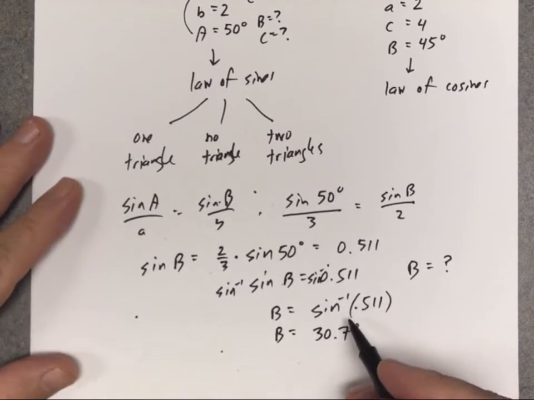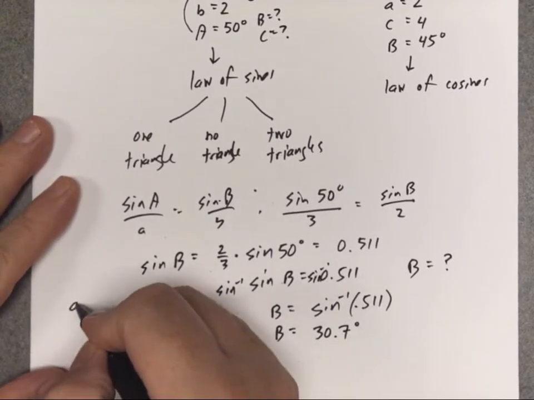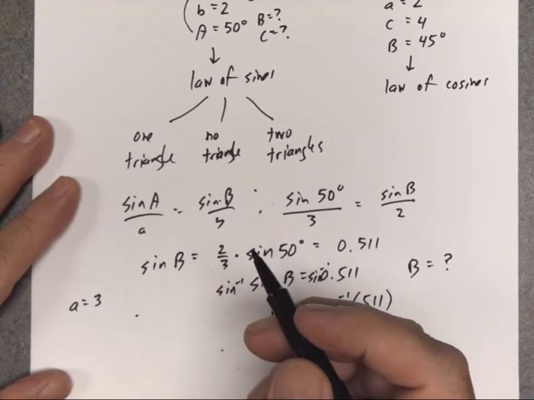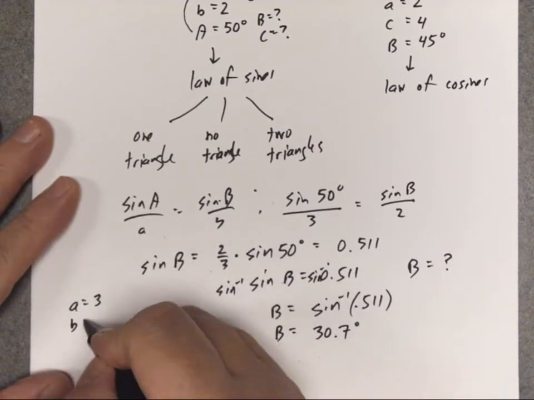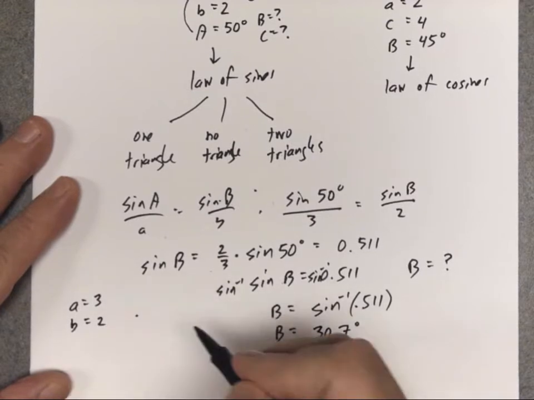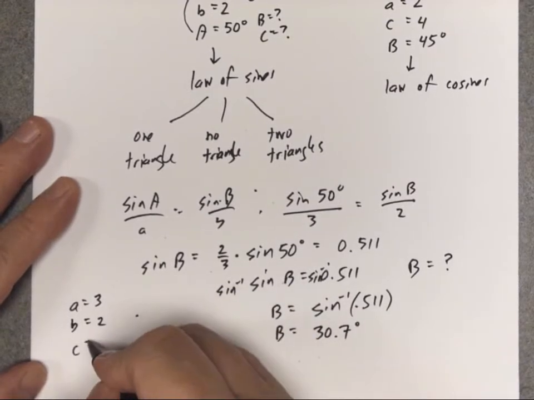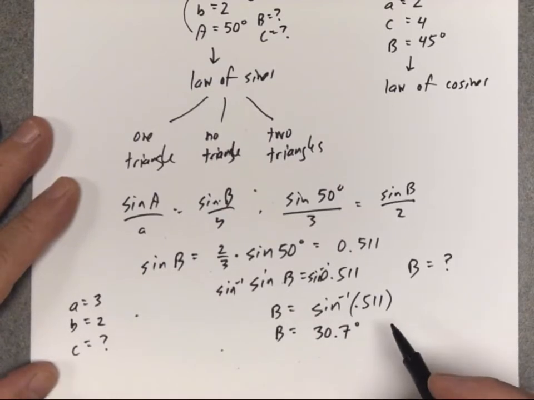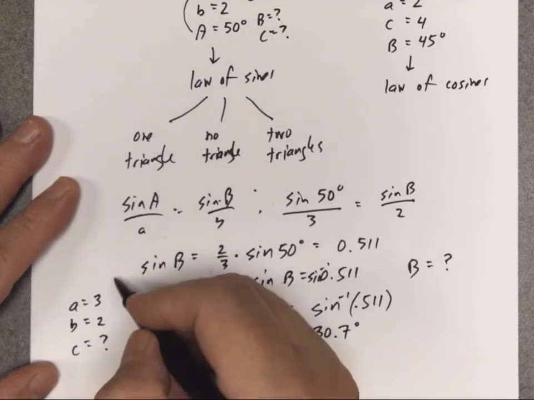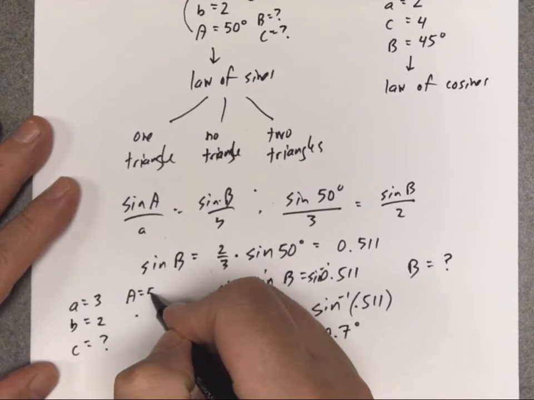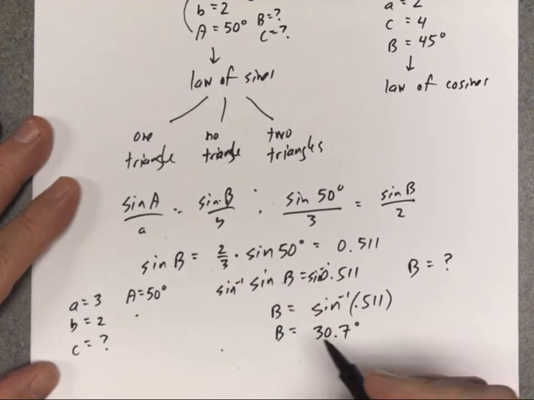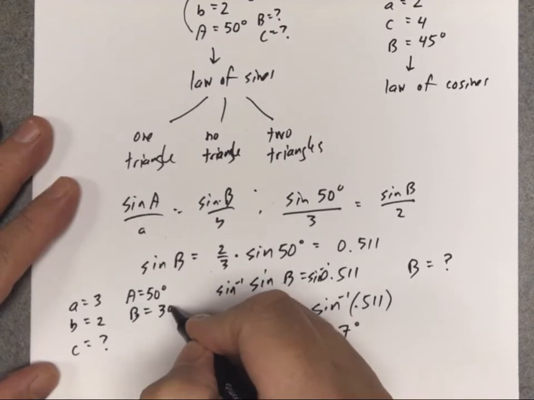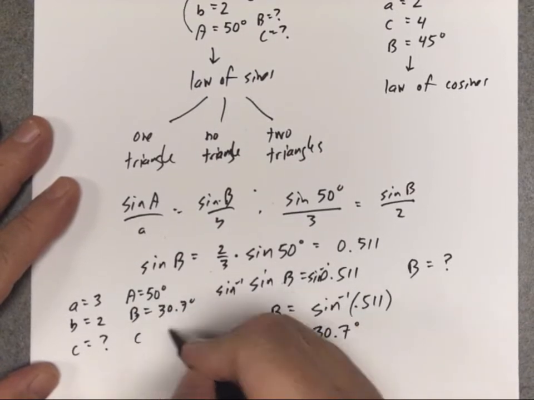This is sort of messy. Let's review what I know so far. I know side A was 3. Side B is 2. I don't know side C. Angle A, I was given. Angle B, I just determined to be 30.7 degrees.